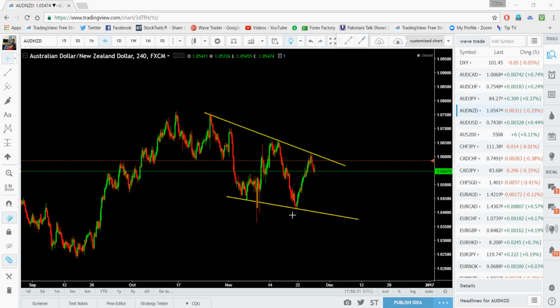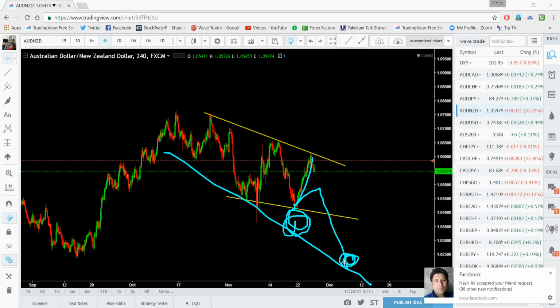I told you last week that price can rise from any point in this zone. It has just risen back, and we were expecting that price would form something like this, a trend continuation pattern, then come up to this level, and you could buy for the longer run from this point to the upside. We did not see this formation.